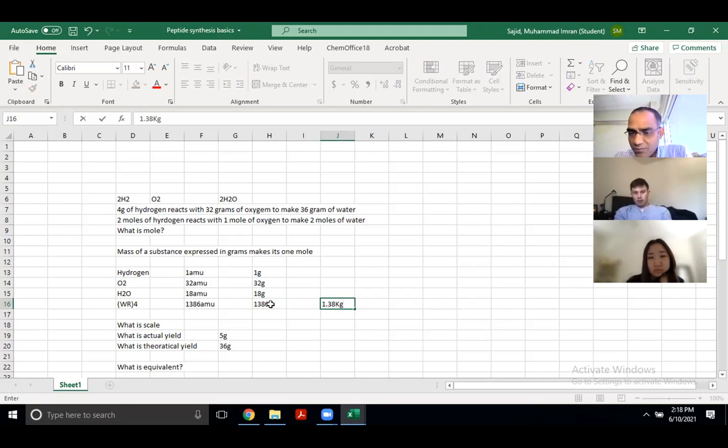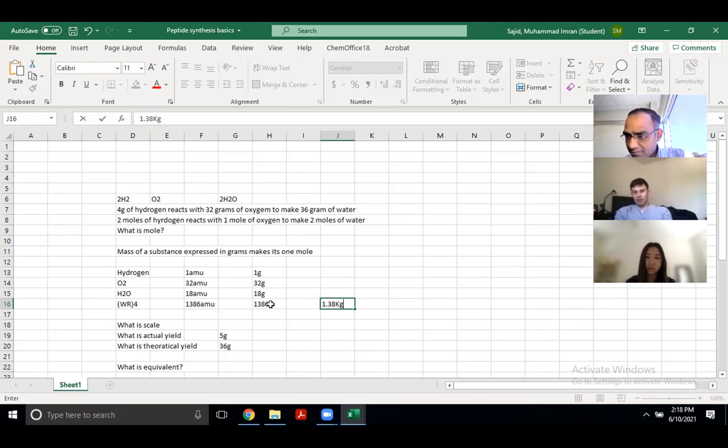If I ask you to get me 1.38 kilogram of something, is it heavy? Is it small? Where will you put it, in a cup or in some big thing?